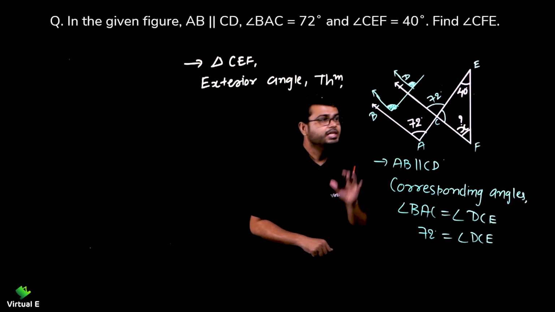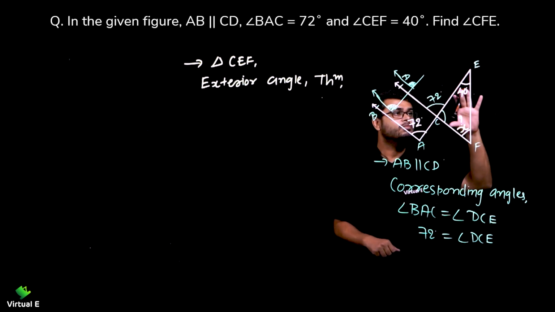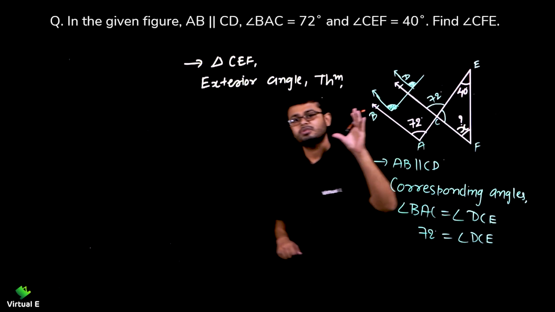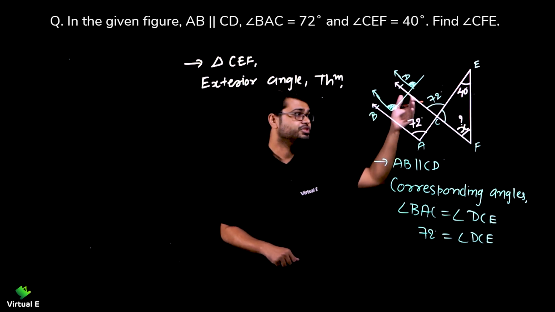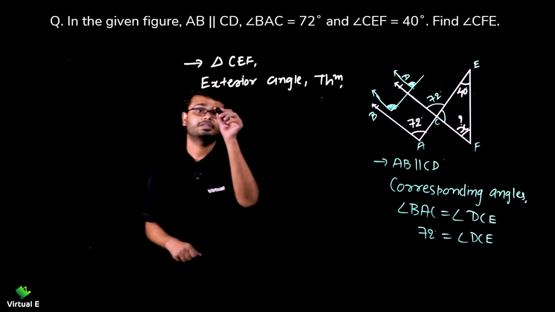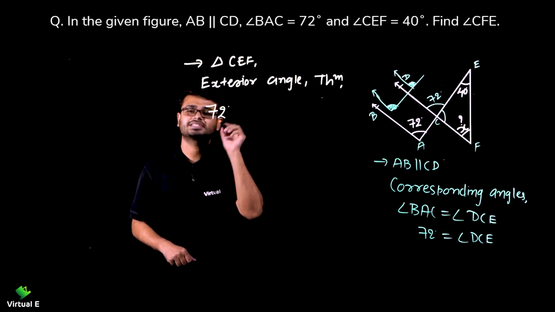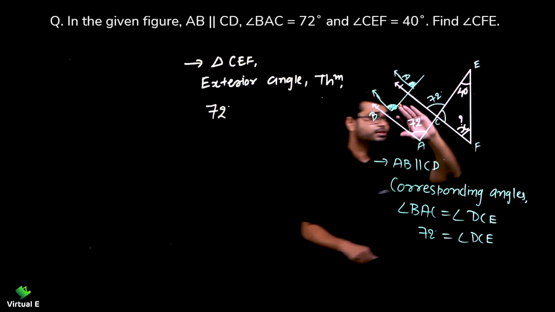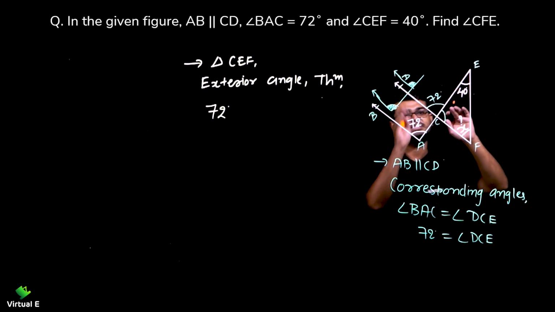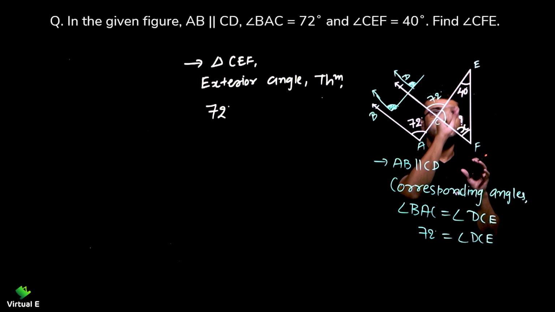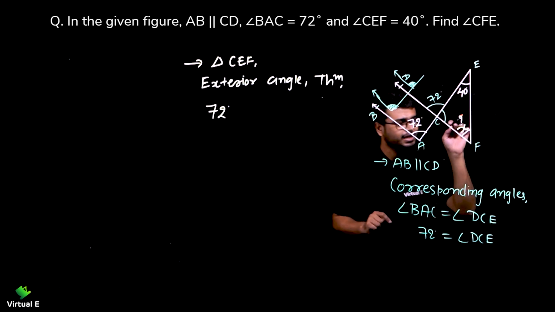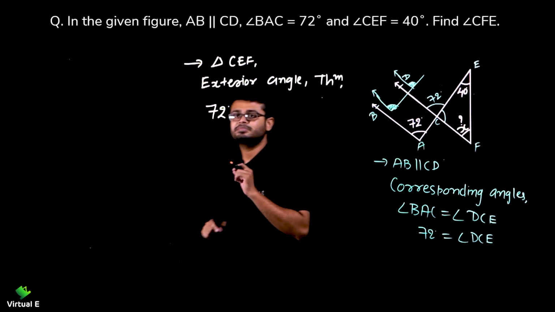It says that the sum of two interior angles is equal to the opposite exterior angle, right? So if we take 72 as the exterior angle, remember this 72 I'm taking as the exterior angle, what are the opposite interior angles? That is 40 degrees, and let's say this angle is x.